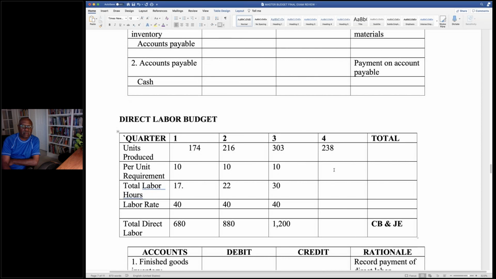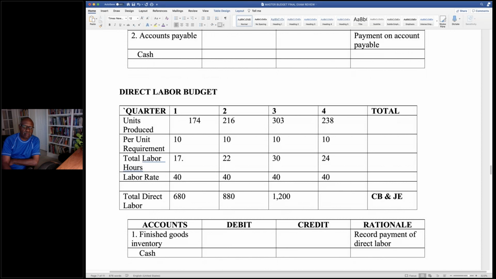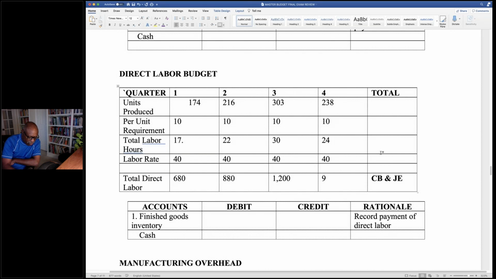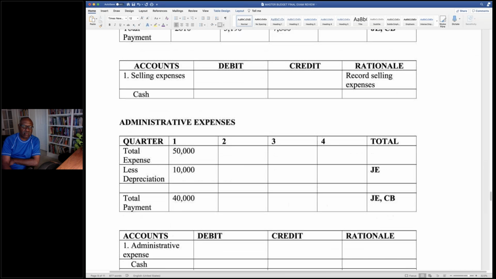Next. Per unit requirement is 10. Our total labor hours would be rounded up to 24. 40 is our labor rate. So our total direct labor will be 960. Okay, I'm back.